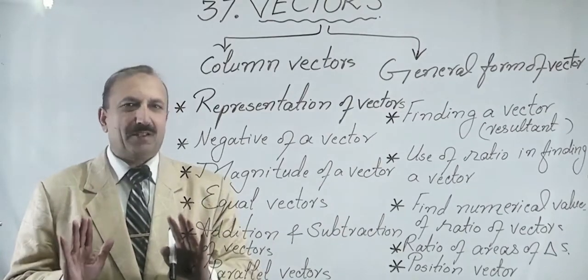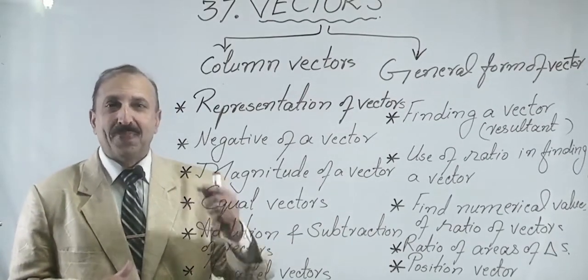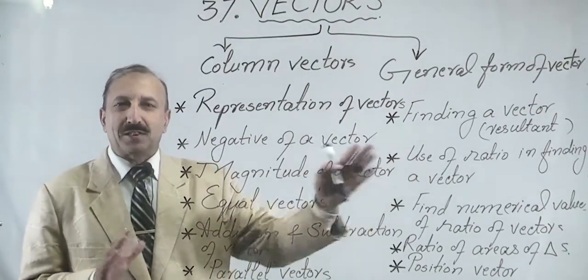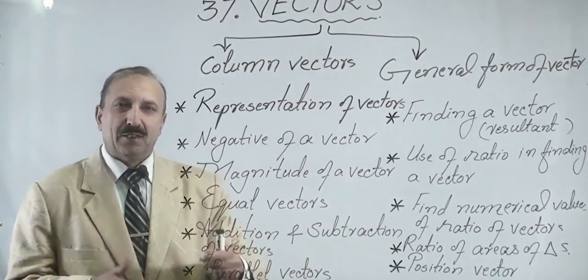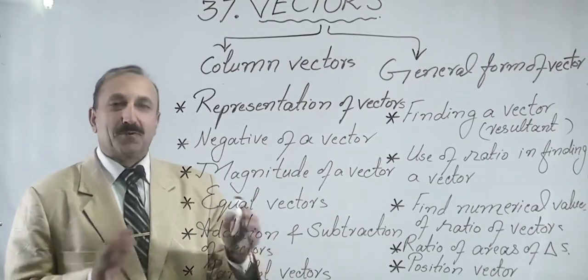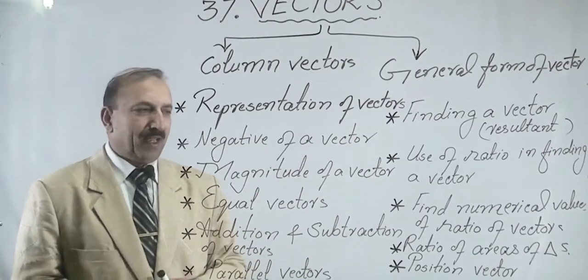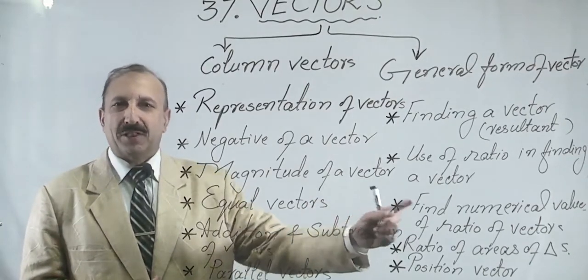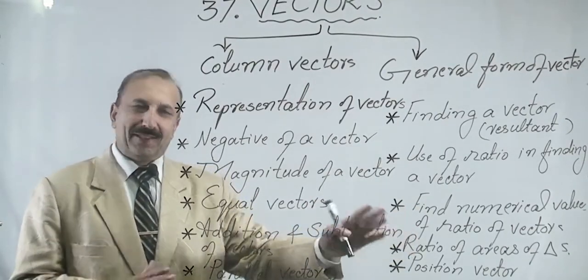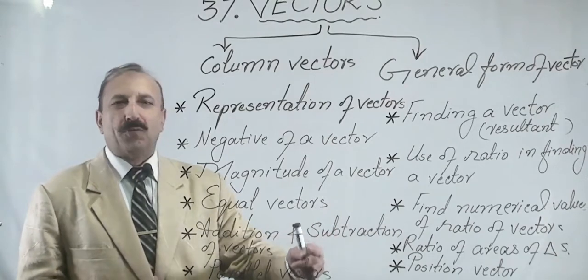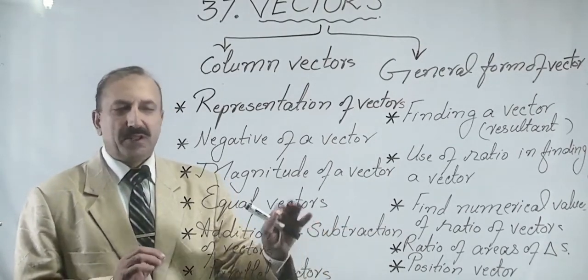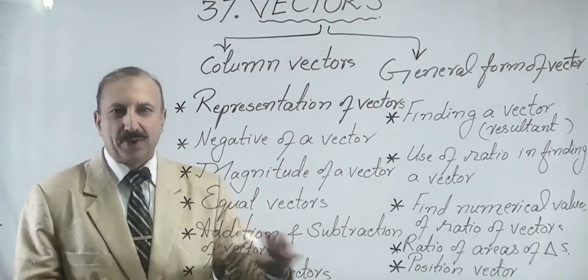हमें vector ही find करना होता है, but that's in the form of a resultant vector. Then use of ratio that's given in the question. With the help of that, again our focus is to find the vector, and then finding numerical value of the ratio of vectors, and then the ratio of areas of triangles, a very key and very typical portion of this whole topic.